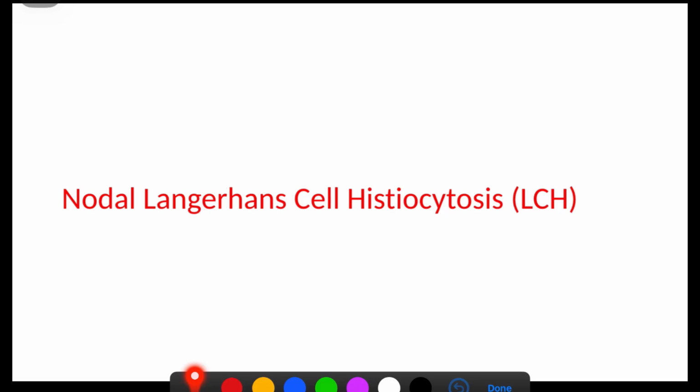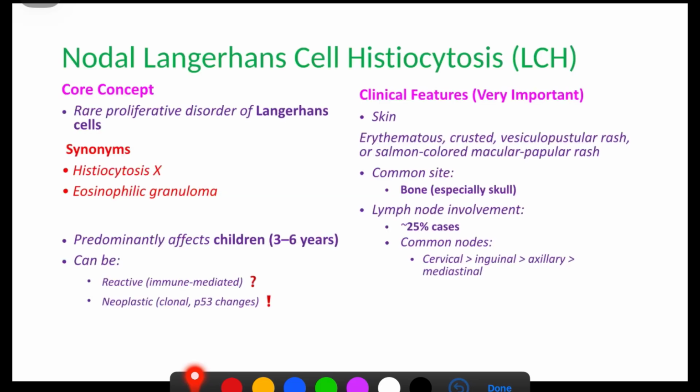This is an important category which is nodal Langerhans cell histiocytosis. So, this is a rare proliferative disorder of Langerhans cells. Synonyms are histiocytosis X or eosinophilic granuloma. Predominantly affects children 3 to 6 years of age.